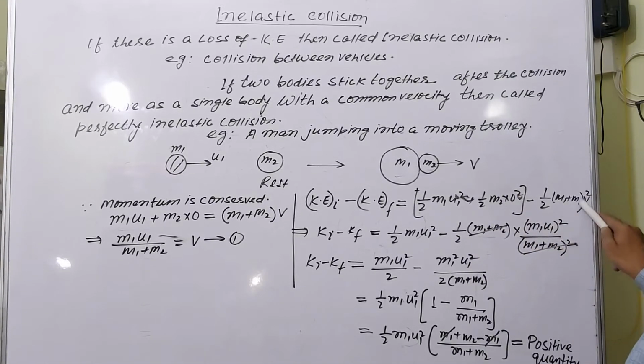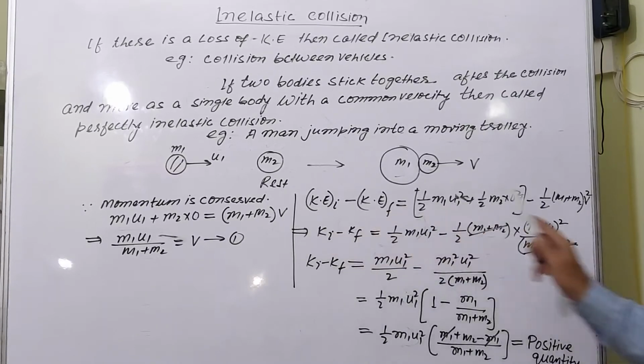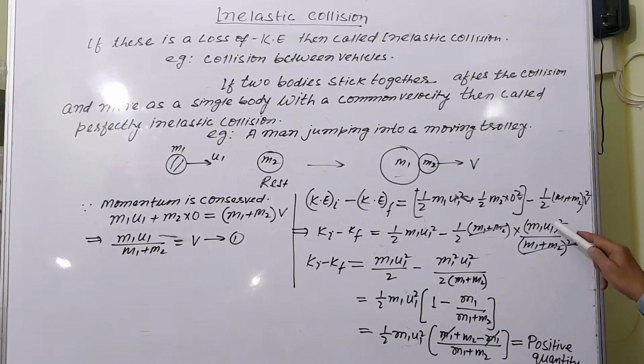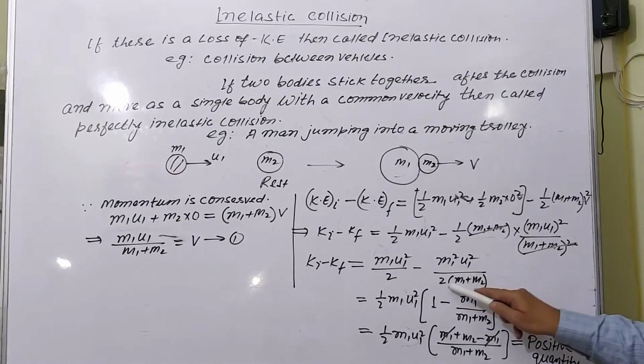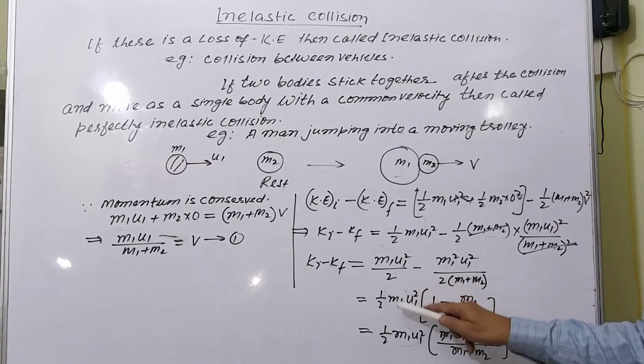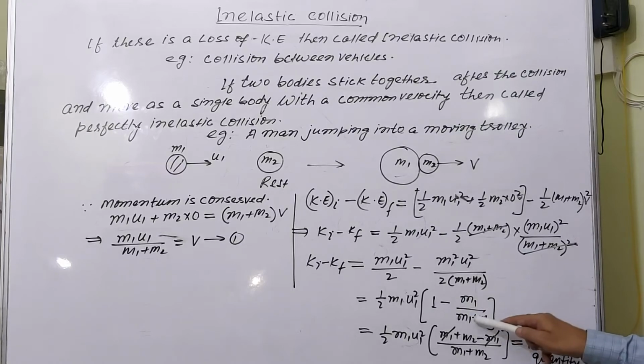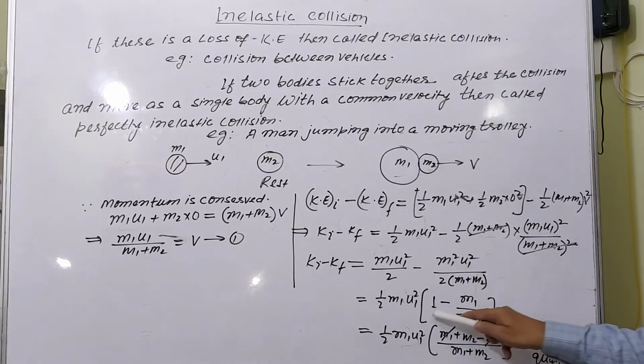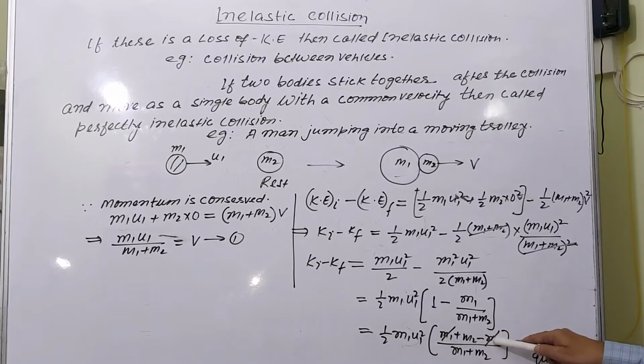In place of v we put m1 u1 divided by m1 plus m2, whole square. This simplifies to m1 square u1 square divided by 2 times m1 plus m2. Taking half m1 u1 square common, we get 1 minus m1 divided by m1 plus m2. Taking LCM, m1 plus m2 minus m1 over m1 plus m2, m1 cancels.